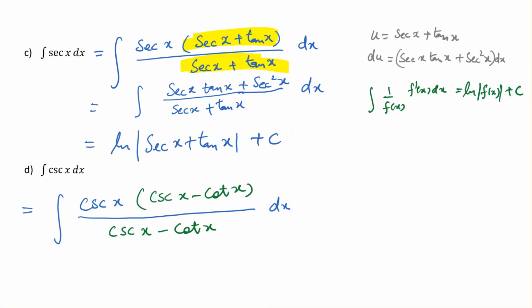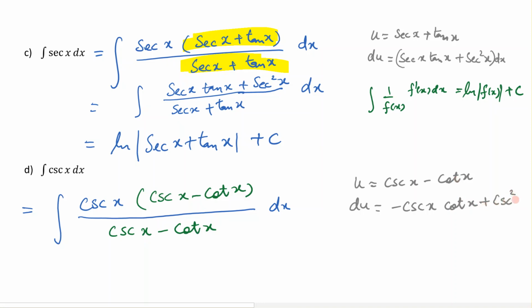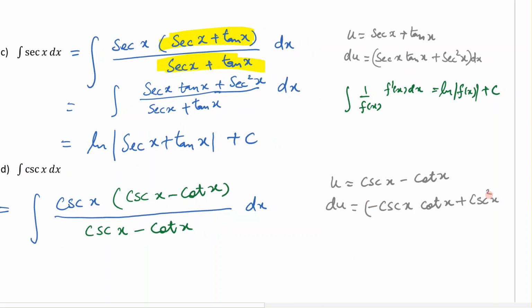Using the same approach, we can find the integral of cosecant x. We multiply and divide by cosecant x minus cotangent x, and we notice that if our function u is equal to cosecant x minus cotangent x, then the differential is: for cosecant x we have negative cosecant x cot x, and the derivative of cotangent x is negative cosecant square x, so this becomes positive cosecant square x, times dx.